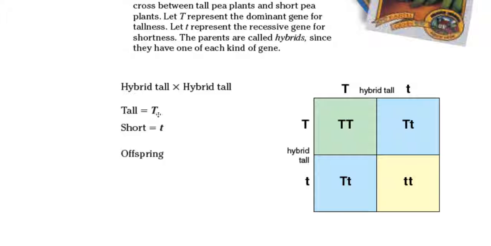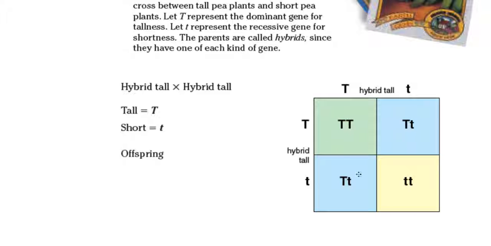Again, tall represents capital T, short represents lowercase t. If you look at our Punnett square, capital T times capital T gives you two capital T's. Capital T and lowercase t give you a capital T lowercase t. Capital T lowercase t will give you a capital T lowercase t. And two lowercase t's will give you a product of two lowercase t's as well.